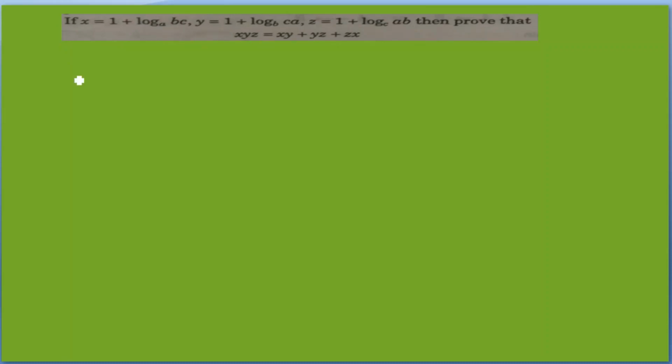Second question: it is given x equal to 1 plus log bc with base a, and in similar fashion it is written for y, z. Okay, so let's write for only x equal to 1 plus log of bc with base a, and manipulate and write 1 plus log bc upon log a.